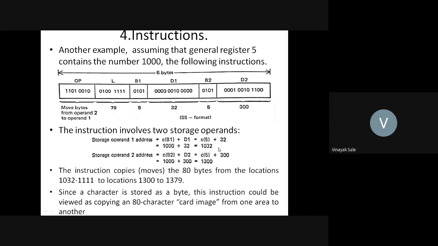Total 80 addresses are given, that is the length plus operand. It is moved from operand 2 to operand 1. Since a character is stored in a byte, this instruction could be viewed as copying characters, that is a card image, from one area to another area.